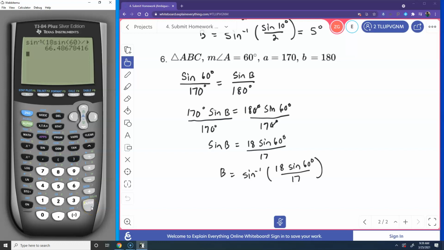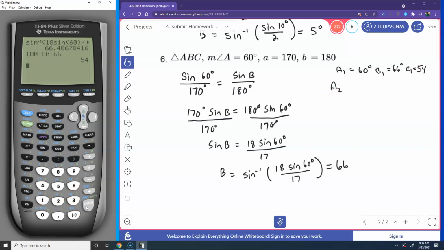And then it's going to be 66 degrees. So we have angle 1 is 60 degrees. Angle 2, or angle B, is 66 degrees. So angle C will be 180 minus 126, I think 54.